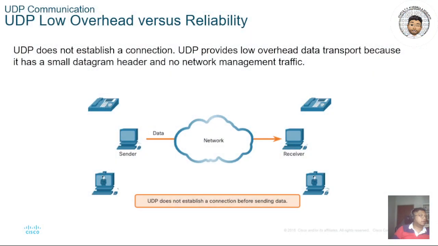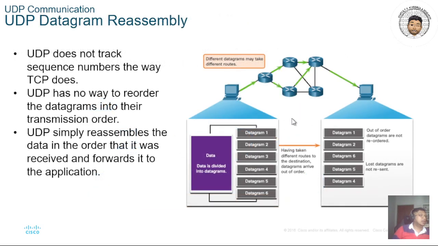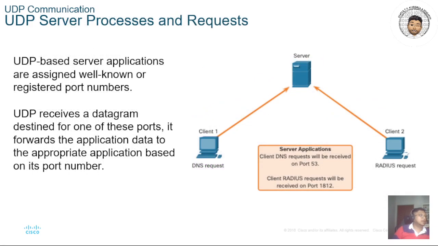And then for UDP communication, there is no need to establish a connection before sending data, as I mentioned. So all the data is sent, and in case there are any errors or delays, they will just send it and will not rearrange it in any order.